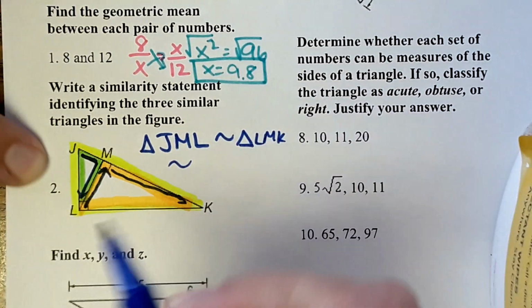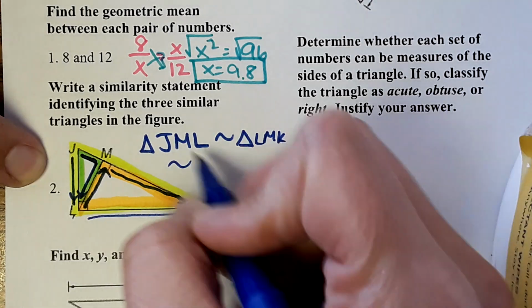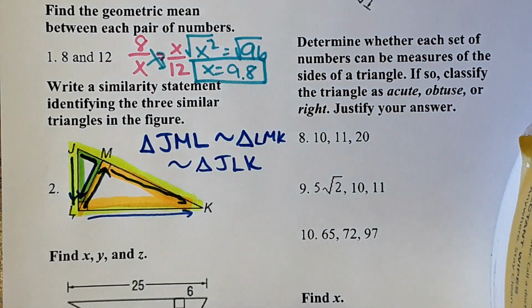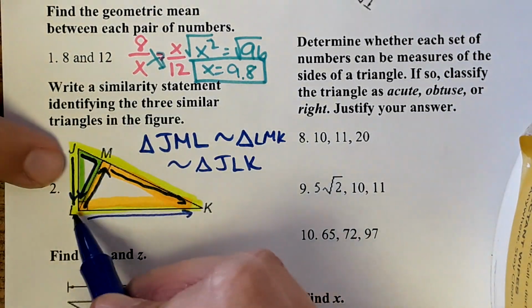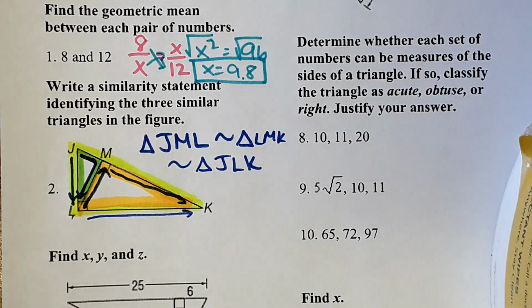And then that is similar to the larger one, again, short to medium, so JLK. And as you're looking through the answer choices, you're just making sure that it's the same order. So if they did medium then short, they would need to do that every single time. Okay, next question.